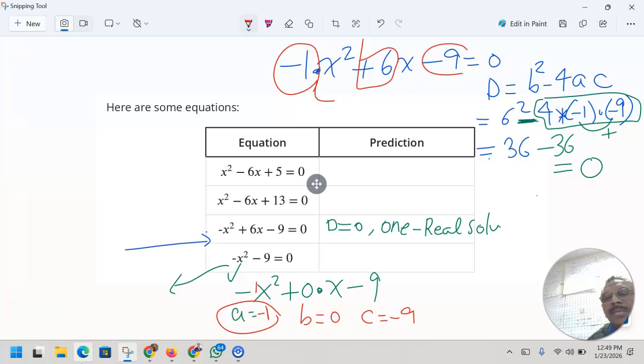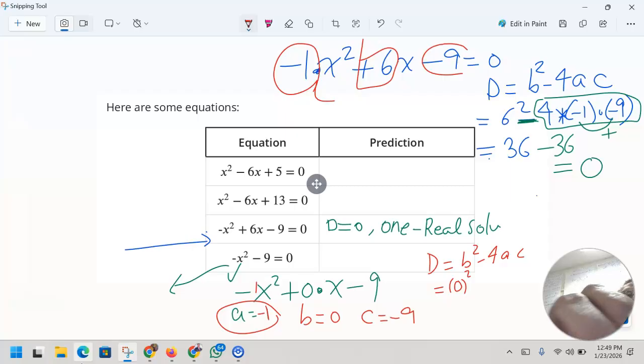When you work this out, the b is 0, so 0 squared, minus 4 times a, which is minus 1, times c, which is minus 9.